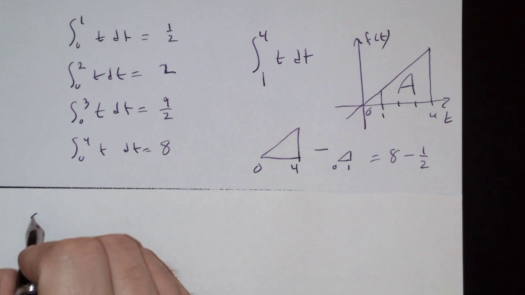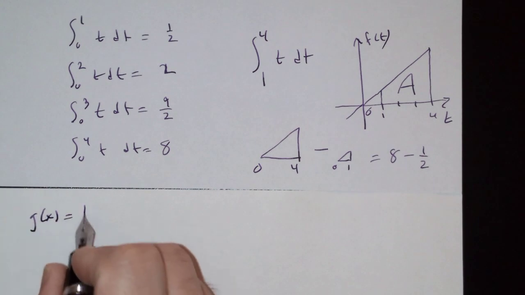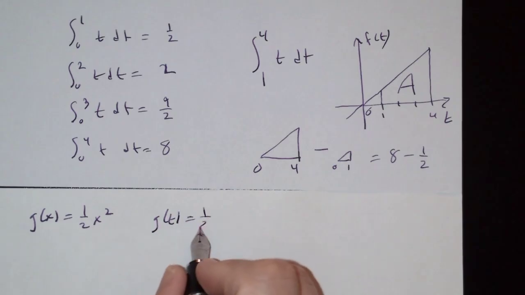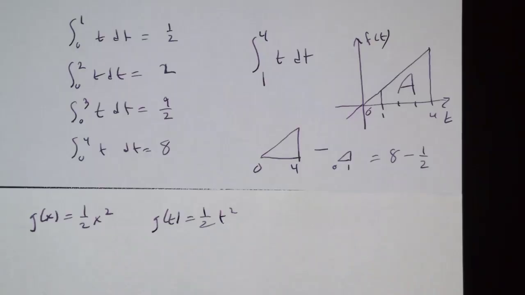And we said that g of x was 1/2 x squared, right? I'm going to change the letter because the letter is a dummy. Let's write g of t equals 1/2 t squared. Isn't that the same function? Same exact thing.